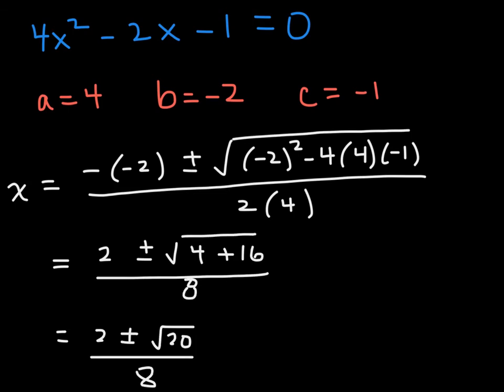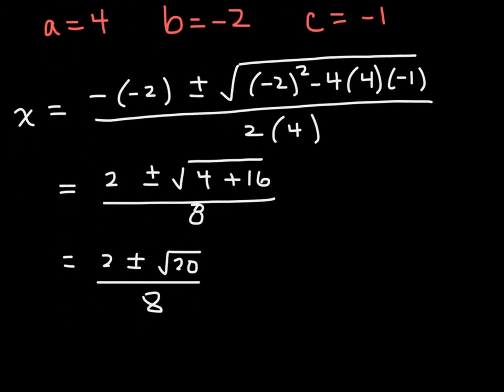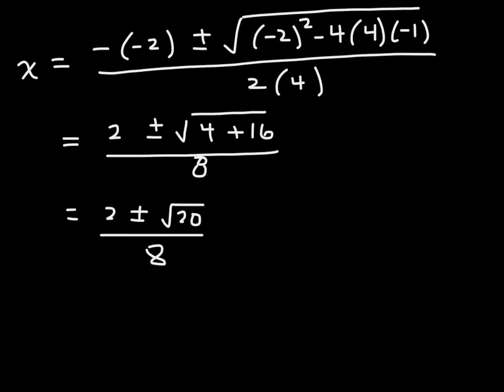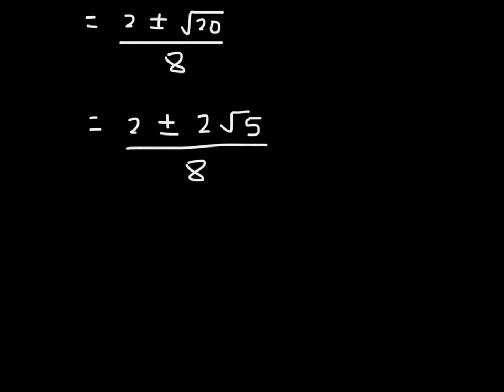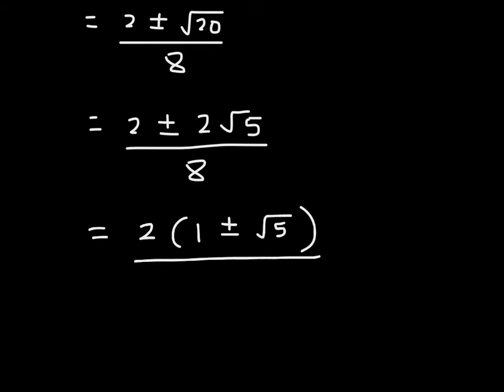Now, we're going to want to simplify this, okay? Be careful how you do that, though. The numerator is 2 plus or minus. Now, the square root of 20 simplifies as 2 root 5. Don't forget earlier studies where we simplified such radicals. And then all over 8. And then what you can do at this point is factor out the GCF from the numerator, which is 2, leaving you with 1 plus or minus 1 root 5 all over 8.